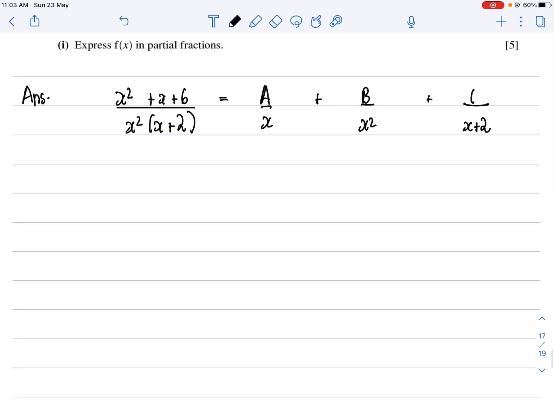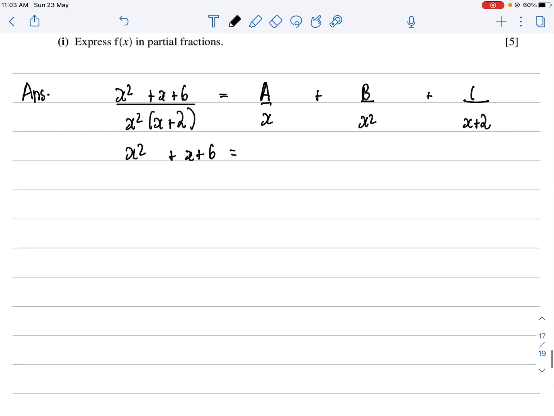So now I can write this as x square plus x plus 6 equals, taking the LCM, a into x plus 2 plus b into x plus 2 plus c into x square.